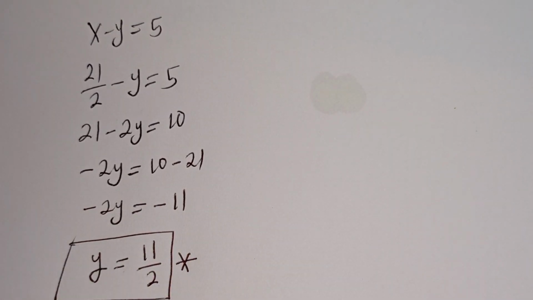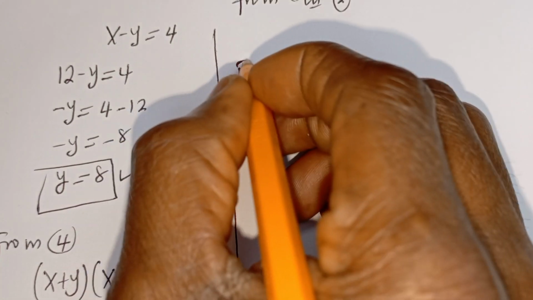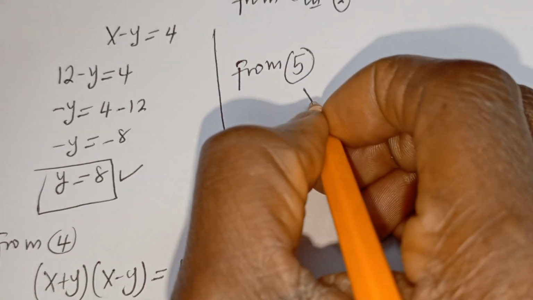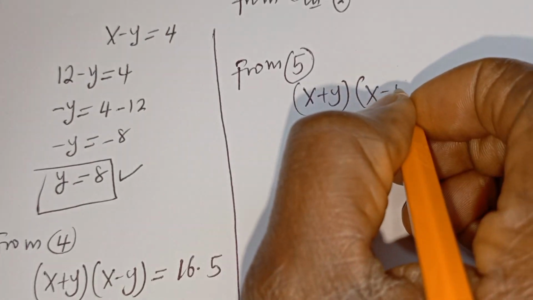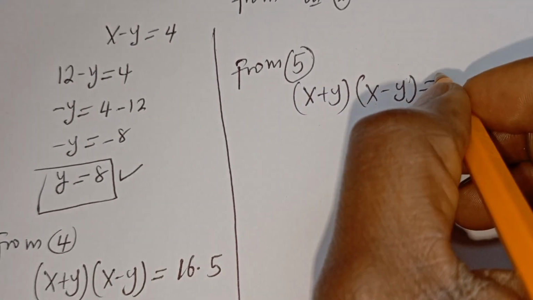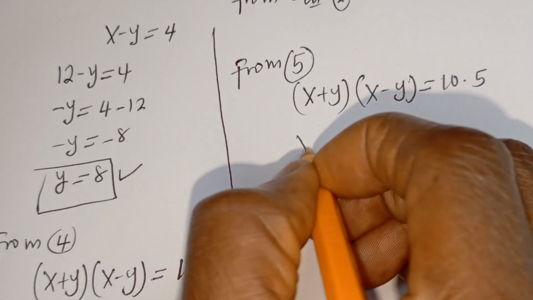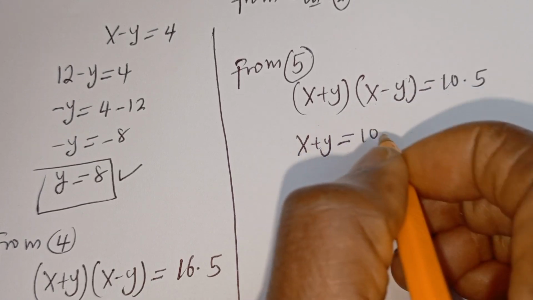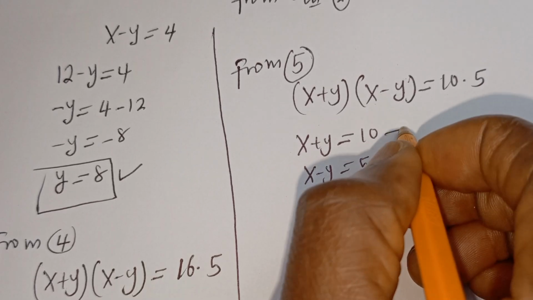Now, let's consider the fifth case. From the fifth case, we have (s plus y)(s minus y) is equal to 10 multiplied by 5. s plus y is equal to 10. s minus y is equal to 5.